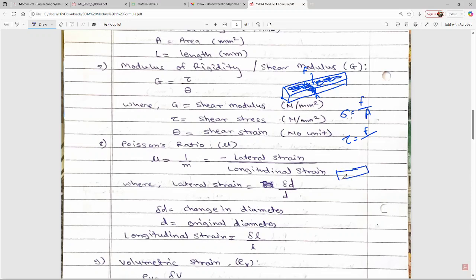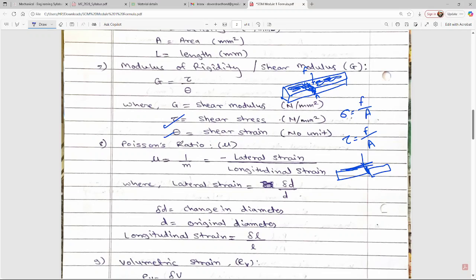So it will be calculated for shearing. We are not taking the normal or perpendicular area for a shearing calculation. Then G is the shear modulus. In that, shear stress is F upon A, and shear strain will be theta.